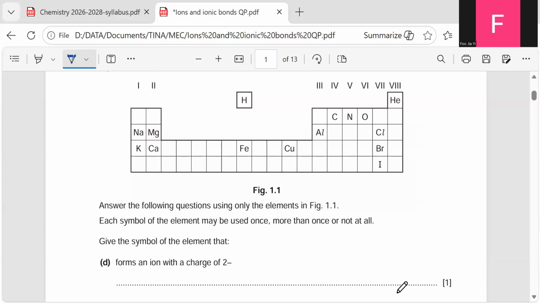Okay, who forms an ion with a charge of 2 negative? Oxygen. Very good. Okay.